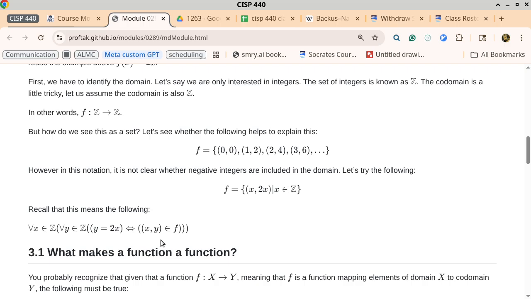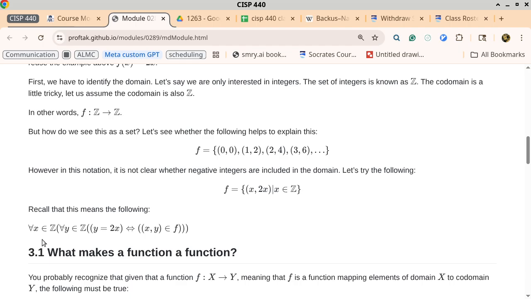f. So the way we say this is: for every x that is an integer, for every y that is an integer, y equals 2x if and only if the two-tuple xy is an element of f, which essentially says exactly the same thing as the earlier notation. It's just a little bit more spelled out.